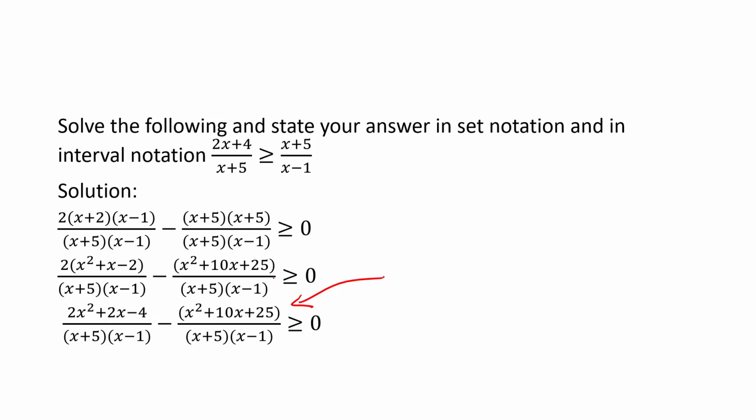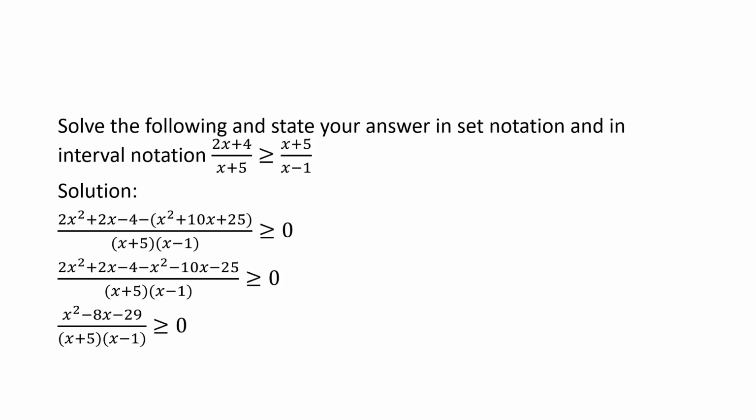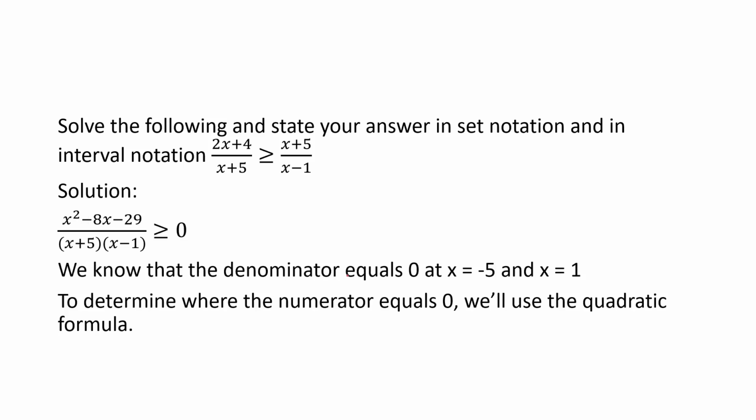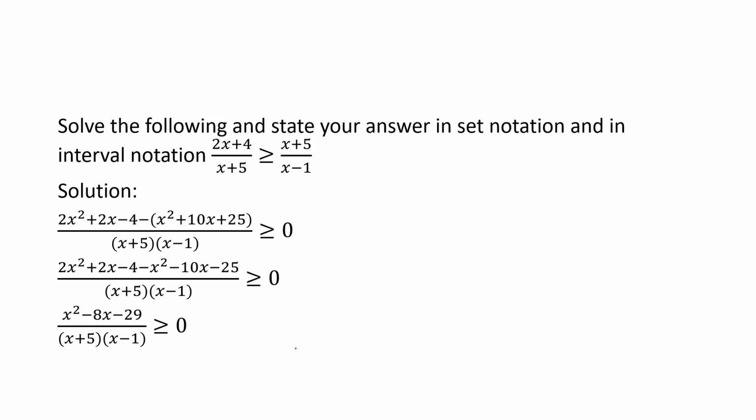Don't expand your denominators because you want them factored ultimately when you do your interval testing. But also, don't forget here that we want to distribute that negative sign into that bracket. So we do that, and ultimately we end up with x squared minus 8x minus 29 over x plus 5 times x minus 1 is greater than or equal to 0.